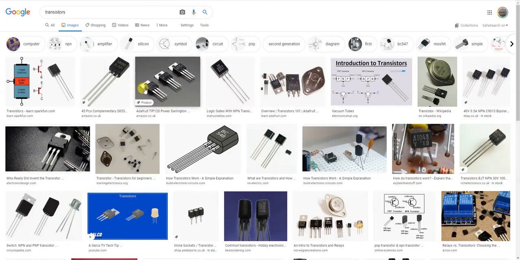These allow you to control a flow of electricity, and we do this because we need to make our computers have decisions. Decisions are what we and computers need to be able to do so that they can make choices about numbers, whether to add them or take them away.